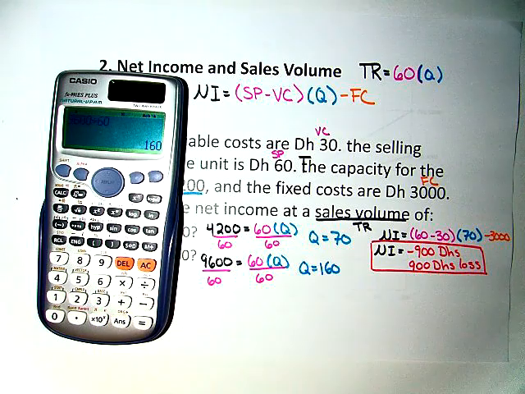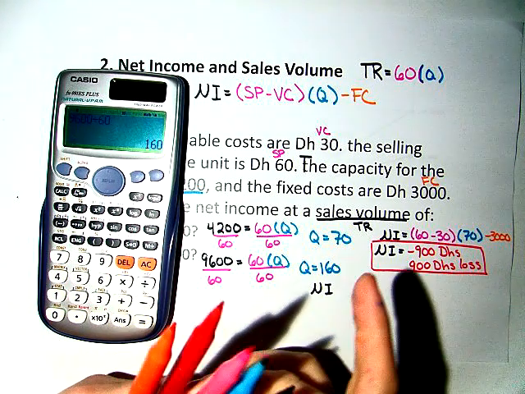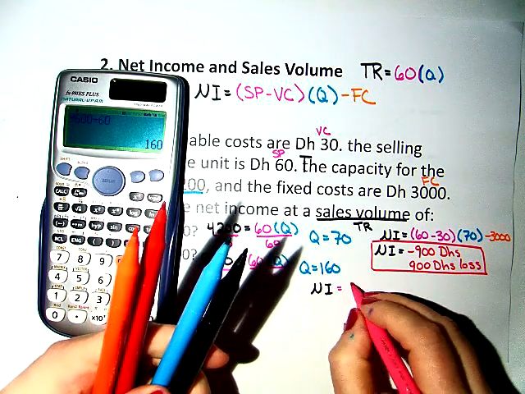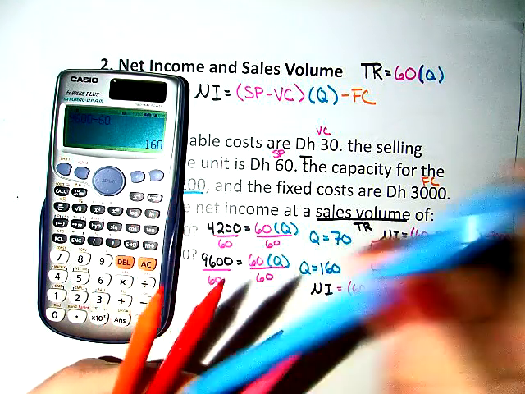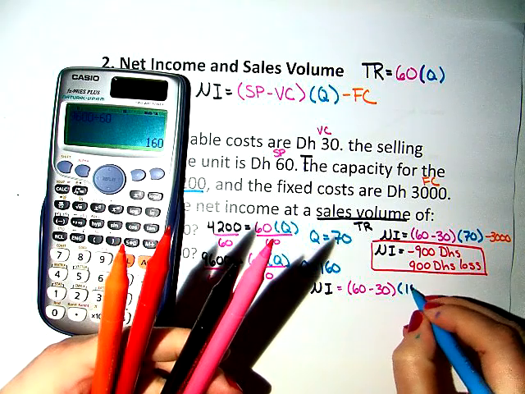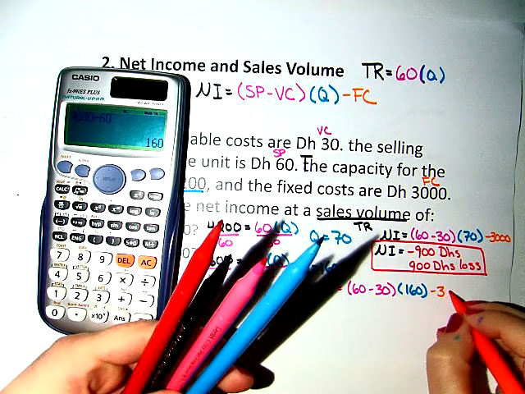So we put that in our net income equation. NI equals 60 minus 30 times our quantity of 160 minus 3,000.